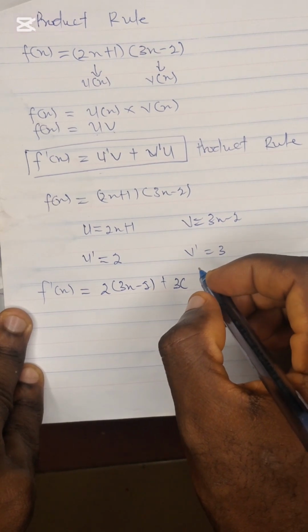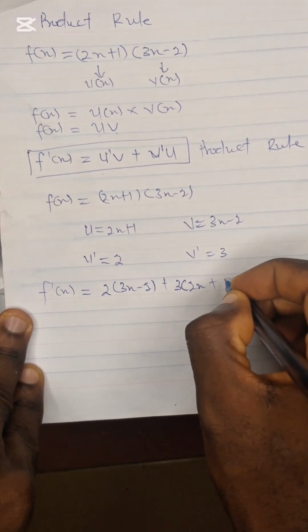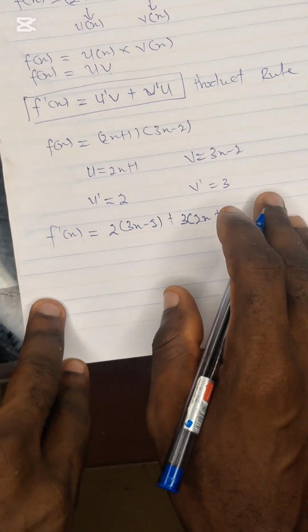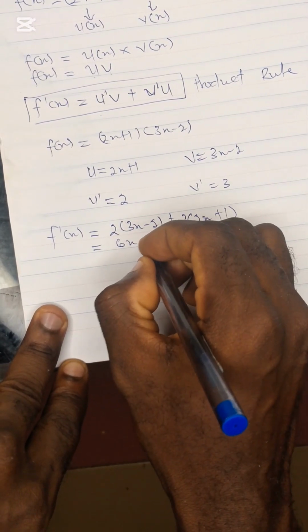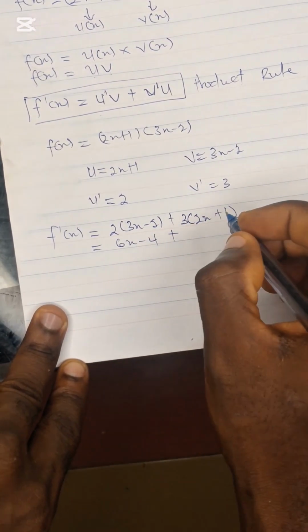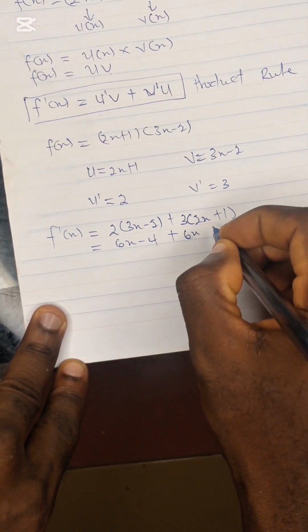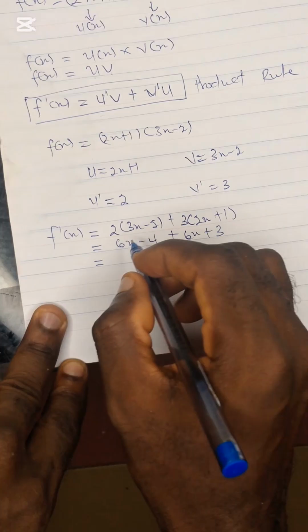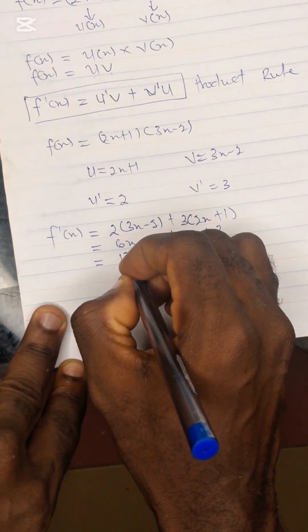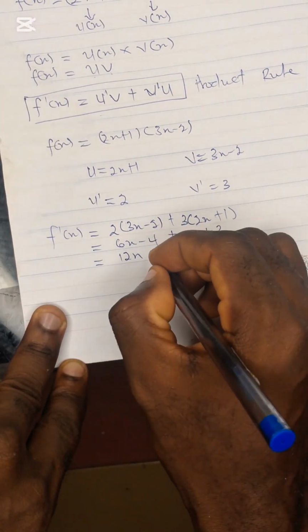Our u is 2x plus 1. Now, after this, you need to simplify. So that's going to give us 6x minus 4 plus 6x plus 3. So we can simplify ahead. 6x plus 6x will give us 12x, and then this and that will give us negative 1.